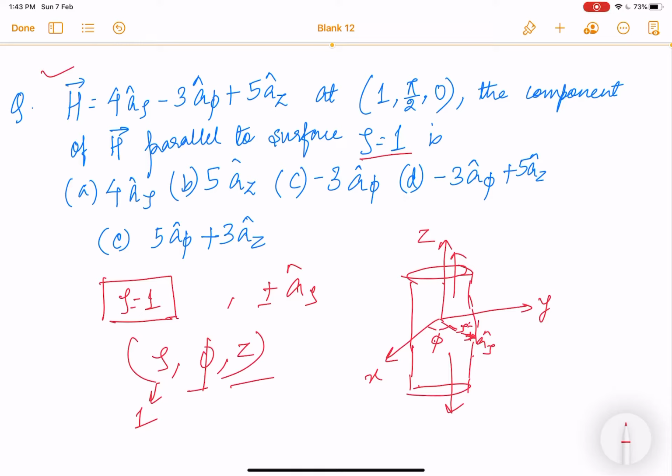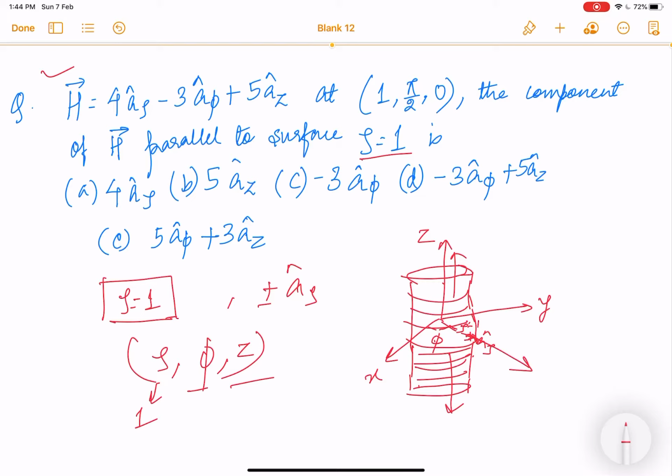The surface is this surface. You can consider a bottle of radius r, and the surface of the bottle is your surface that is given, that is rho is equal to 1. And if I have to say what is perpendicular to this surface, then I can just go about it like this.